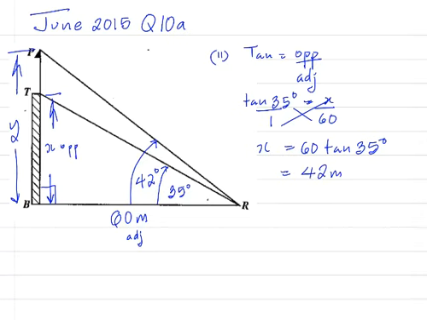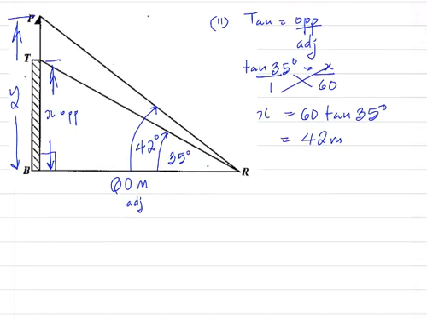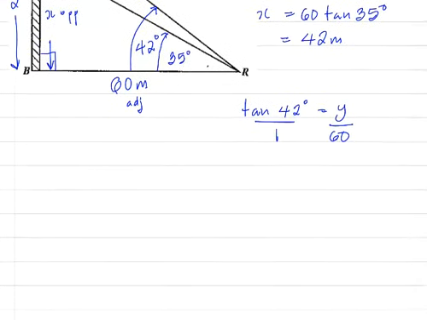Let us determine BP, which is Y. BP is one side of the large right angle triangle, where the angle is 42 degrees. So Y would be opposite to the 42 degrees, and BR is adjacent, and the ratio that includes opposite and adjacent is tangent. So the tangent of 42 degrees is opposite Y over adjacent 60.